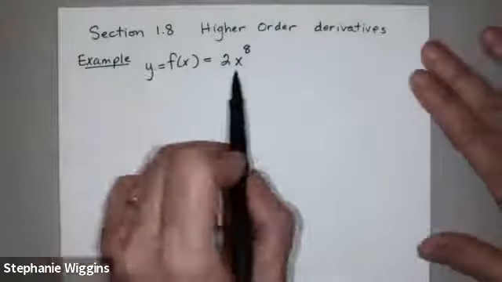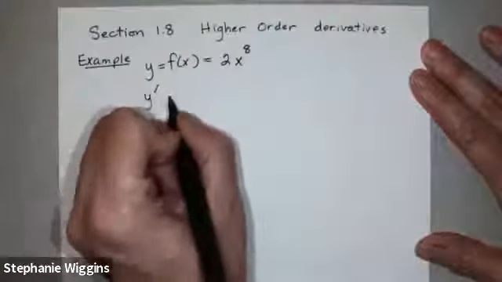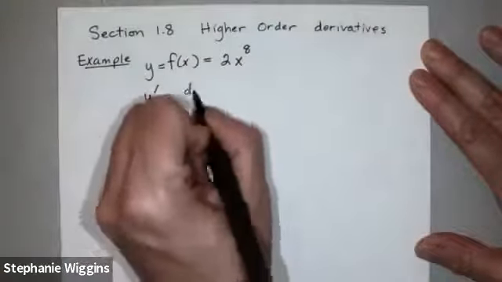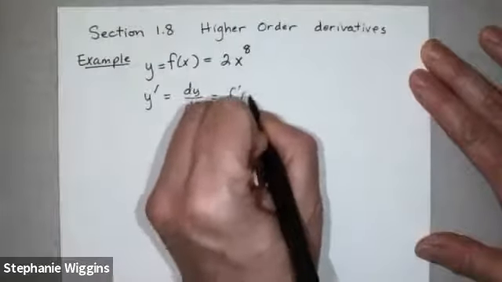So if you want to take the derivative, we say y prime, or we could call it dy dx, which is also f prime of x.